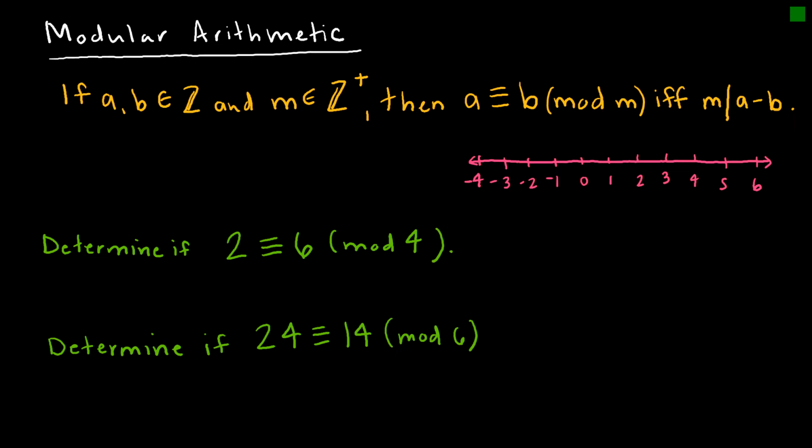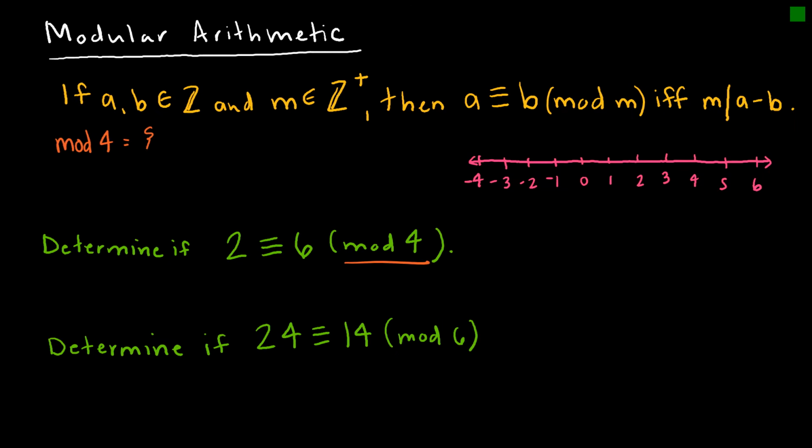Before we actually look at this definition and do some practice with it, I want to make sure we're very clear on the concept of modular arithmetic, or mod m. So let's look at just mod 4, since that's what our first example will deal with. When we're talking about mods, we're talking about remainders. We're very interested in what the remainder is.